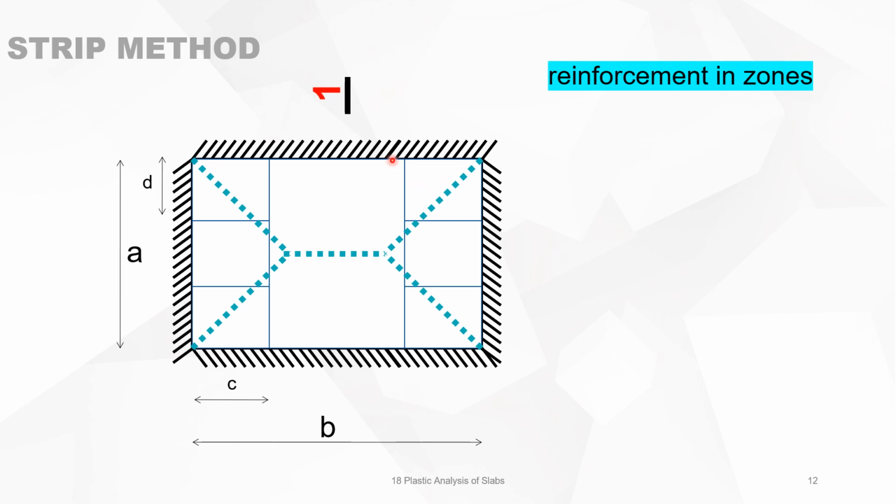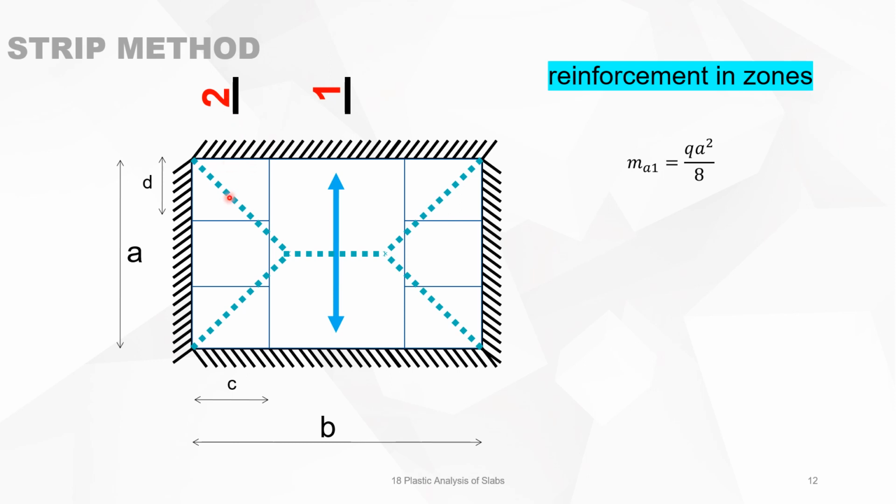Now we will have a look at section 1. In this zone, the bending moment is just that of a strip on two simply supported conditions. So the bending moment is q a squared divided by 8, where a is the span in this direction.